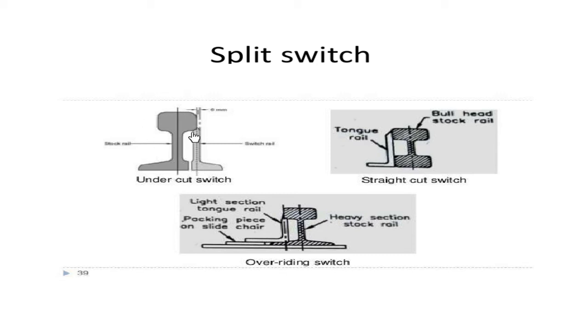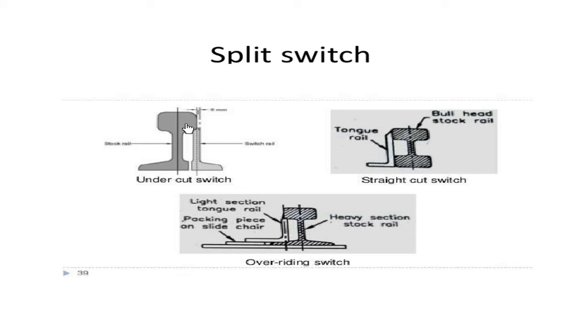That means the symmetry of the entire rail is being disturbed. When the symmetry of the rail is disturbed, the strength will get reduced, and then wear and tear can happen more. Even though you are joining these two portions, since the symmetry is affected, wear and tear can happen more in this kind of switch. So because of this reason, they are mainly used for narrow gauges.